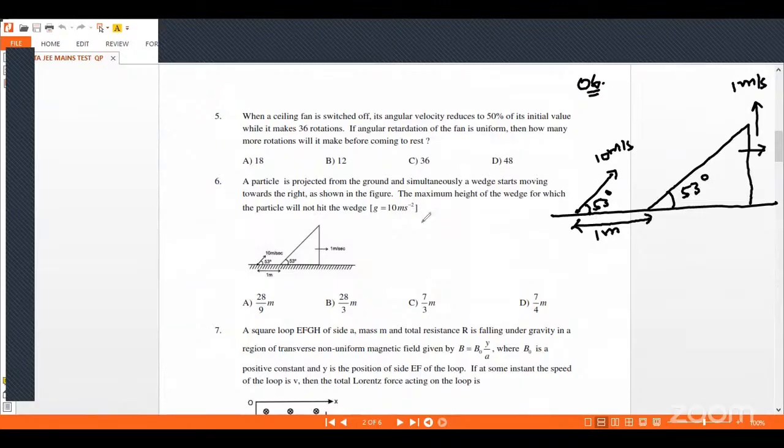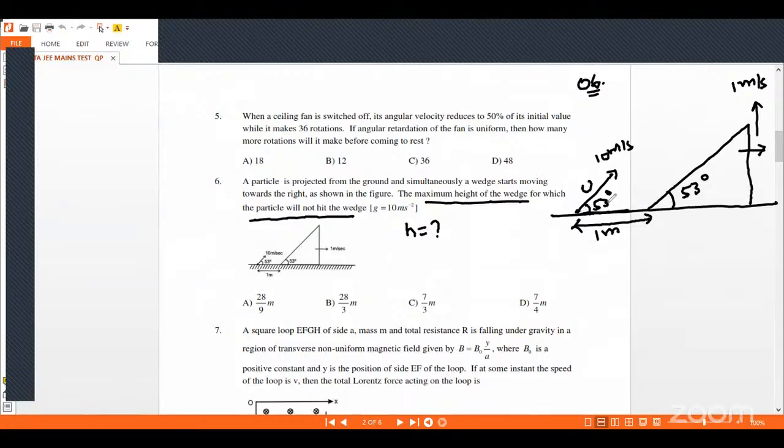What we should find is the maximum height of the wedge for which the particle will not hit the wedge. That is, this maximum height we should find. So firstly, let us consider u.